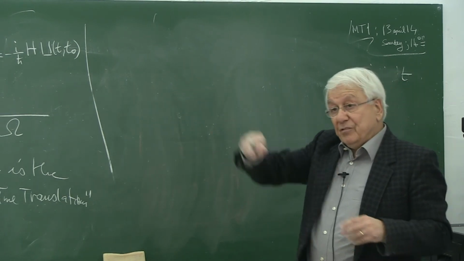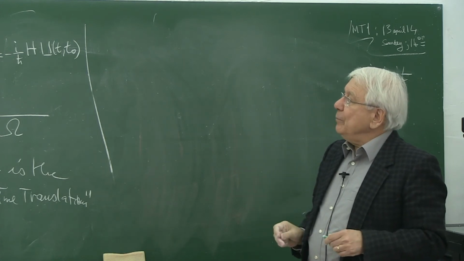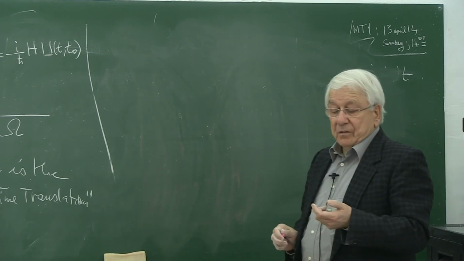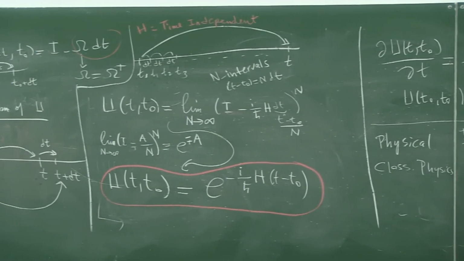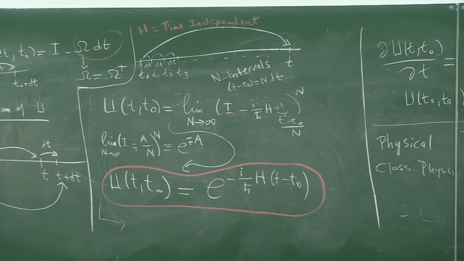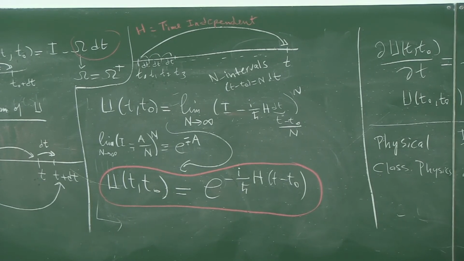This is a very special case. That's the reason why I wanted to introduce that time-independent Hamiltonian situation. But Hamiltonians do not have to be time-independent. Most often than not, they are time-dependent. So can I talk about time evolutions? Of course I can.